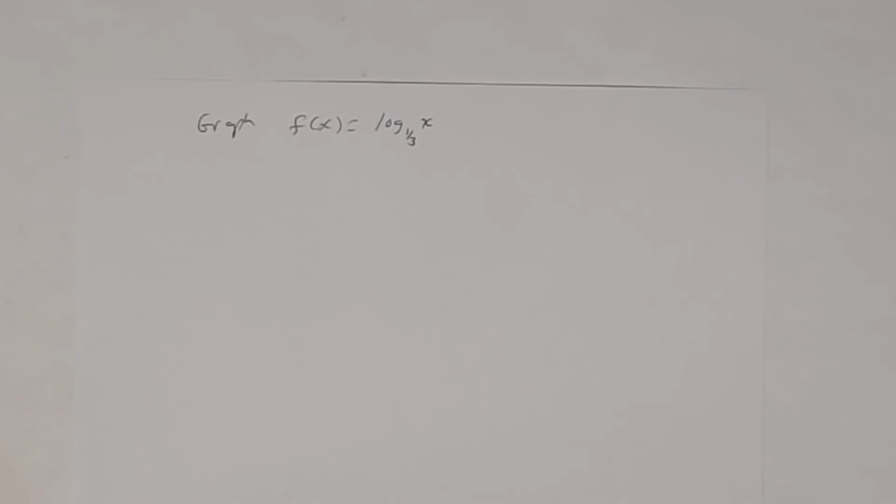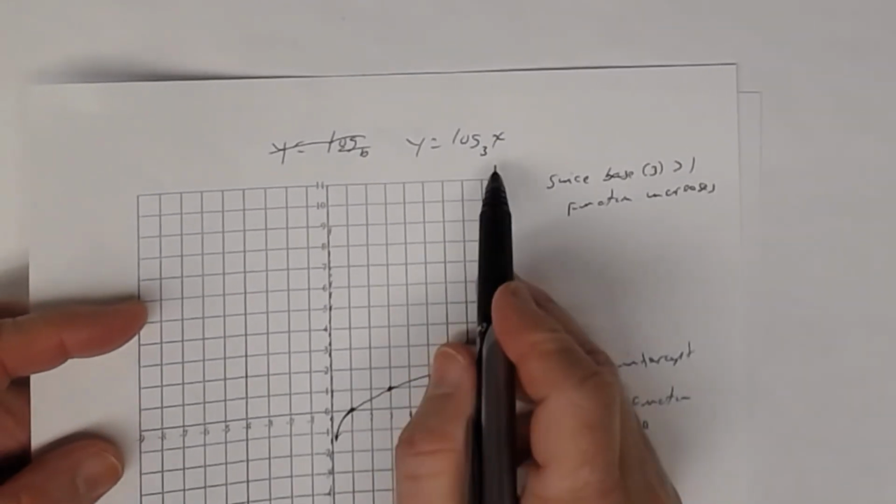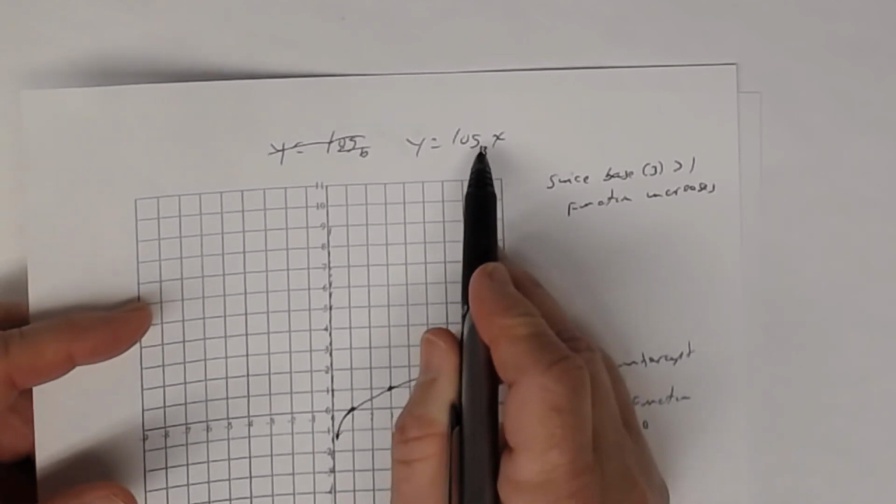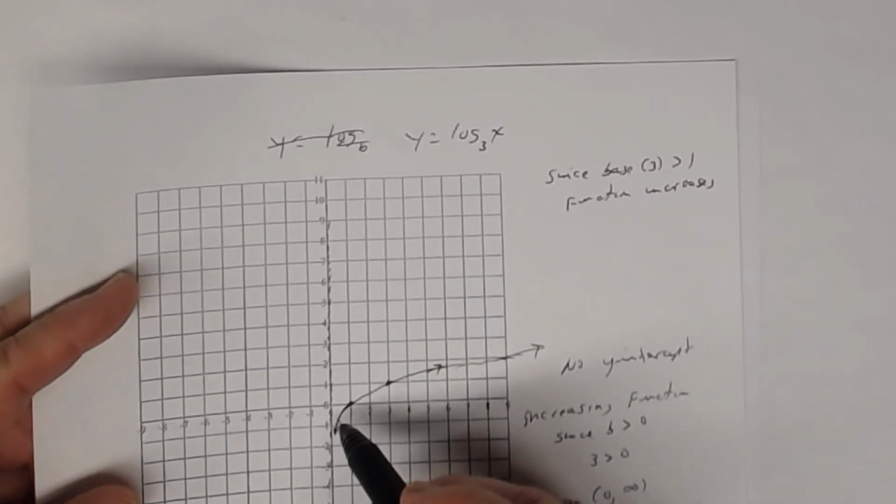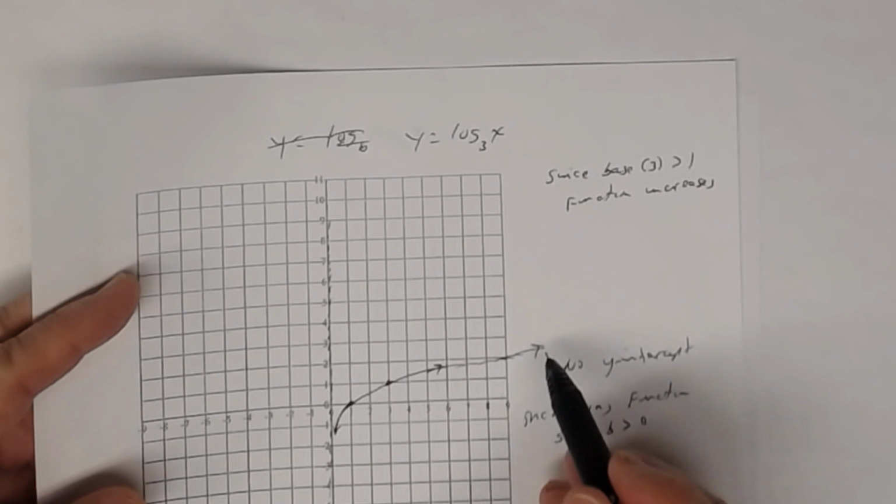Let's look at another one. Okay, so now we're going to graph the log of x base 1/3. Now, in the previous problem, we saw that my base was 3, right? Since my base was greater than 1, we knew that my function was going to increase. It was an increasing function.